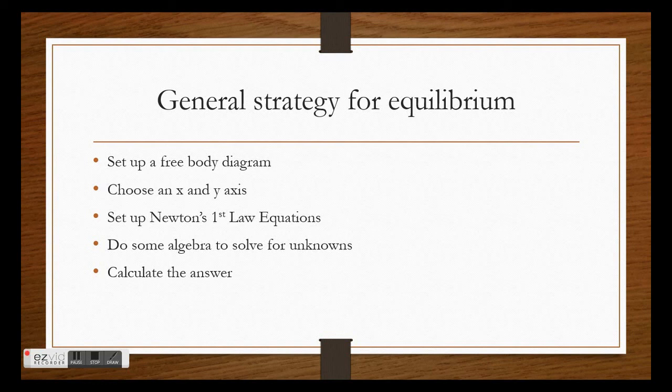That will work for any type of problem. For some types of problems like the block on the ramp problem, your solution may be a little bit trickier doing horizontal for x and vertical for y than picking some other coordinate system. Set up your equations for Newton's first law, figure out what forces act in the x and y, set them equal to 0, do some algebra, and then calculate the answer. So that's kind of our overview of equilibrium problems and how to do those types of problems.